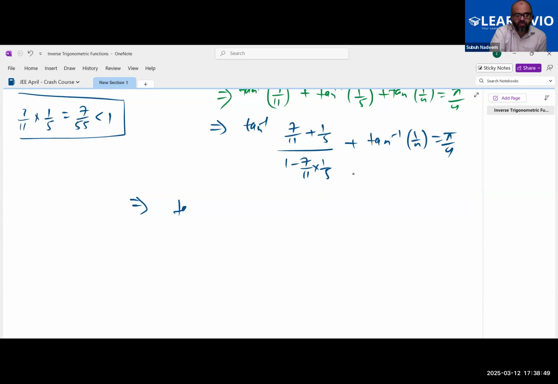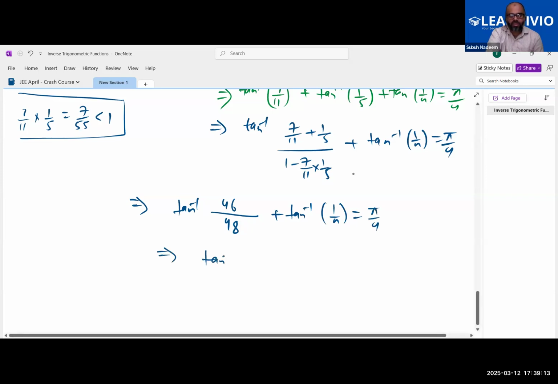When you simplify this, the numerator becomes 35 plus 11, 46 upon 55, and the denominator becomes 55 minus 7, which is 48. So this becomes tan inverse 46 by 48 plus tan inverse 1 by n is equal to pi by 4.